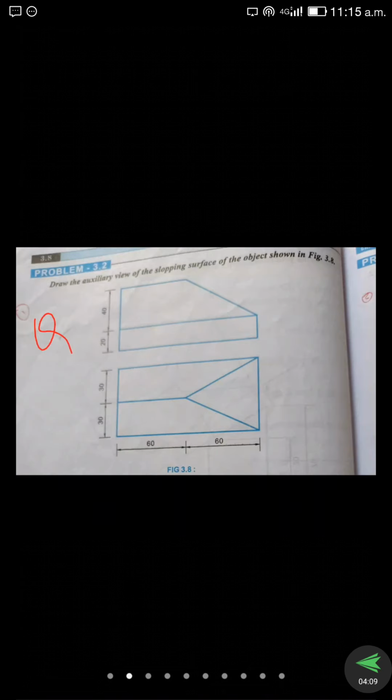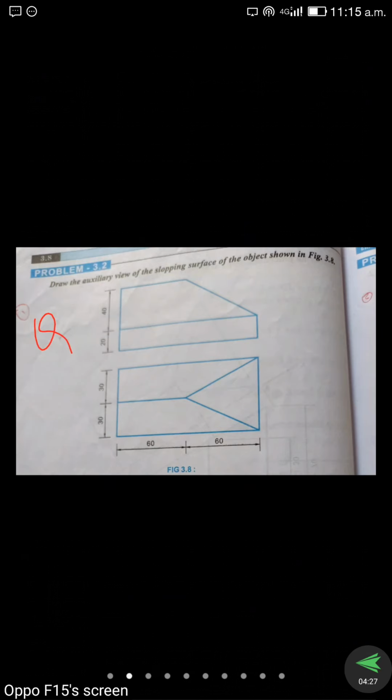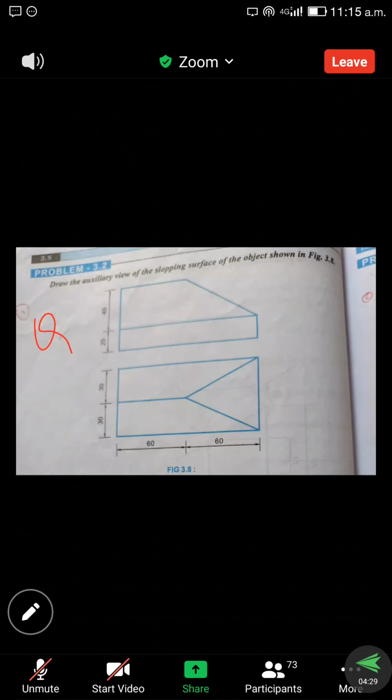So where is the inclined surface, here in the front view or top view? Where is the inclined surface? Anyone respond?